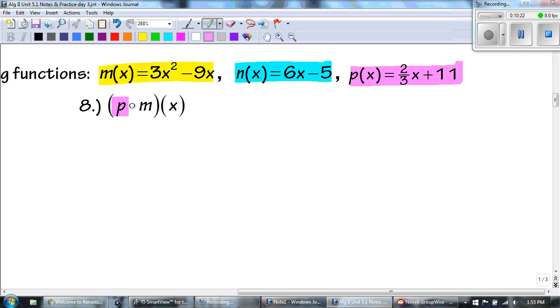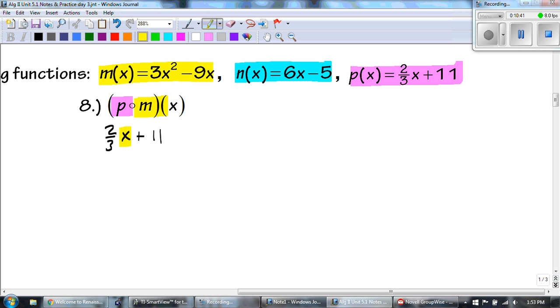Okay, for p, or 8, we have p and then the m of x. So I'm going to start with the 2/3 x plus 11, and that's what I'm going to plug in. So number 8, I started you off. You guys go ahead and finish.